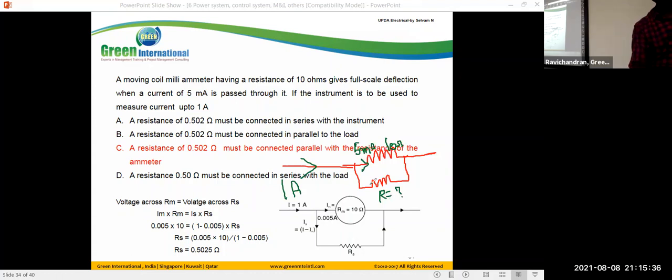We need to find the unknown resistance. Before solving this problem, just see here. To find the unknown resistance, how do you find the resistance value? By using Ohm's law. To find the resistance, we need to know voltage and current. If we know the voltage across this unknown resistance R, and the current flowing through it, we can find R. Correct? That is, R is equal to V divided by I.